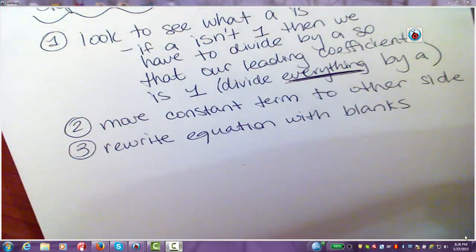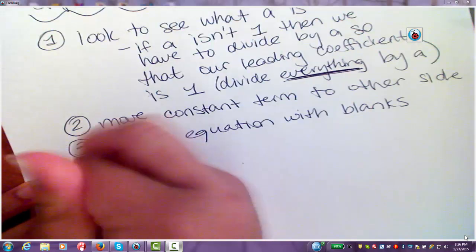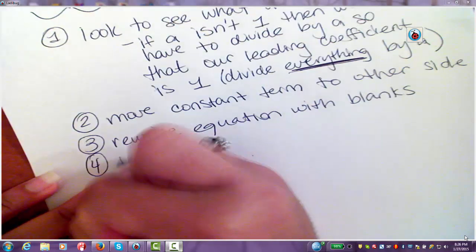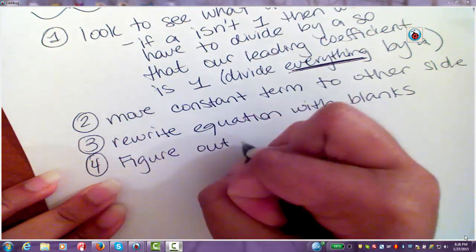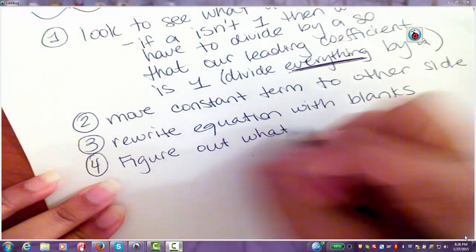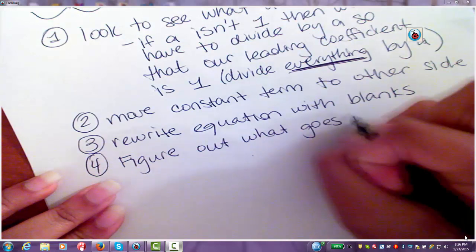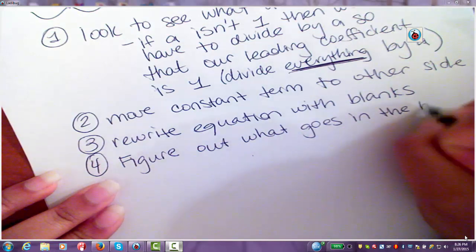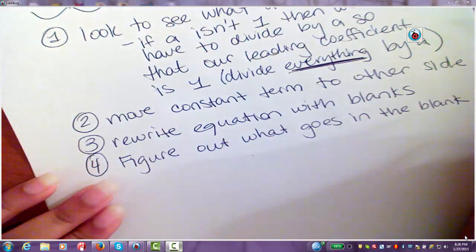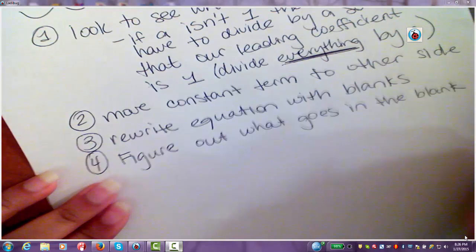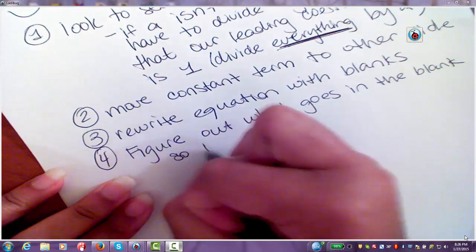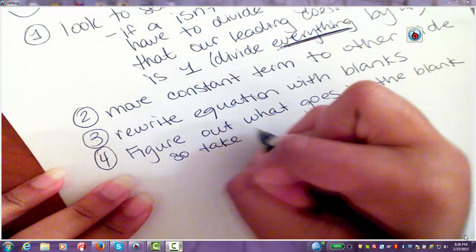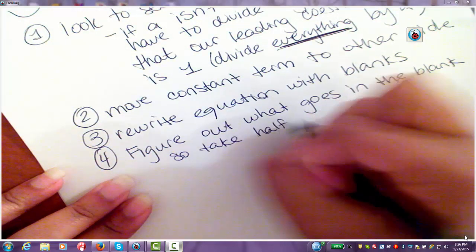And then after that, we figured out what goes in the blank. To do this, we take half of b and then we square it.